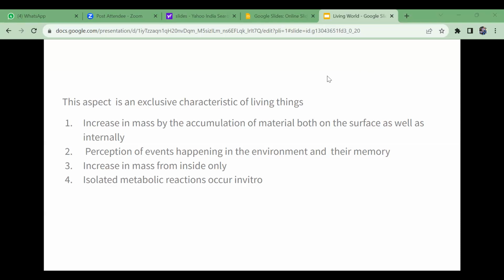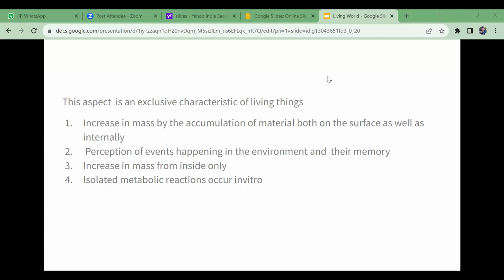Yes, correct. So the answer, look at this question. What are they asking? Which is an exclusive characteristic of a living organism? When they say exclusive character, it should be a defining character. So what are the defining characters? There should be metabolism, consciousness, and cellular organization.